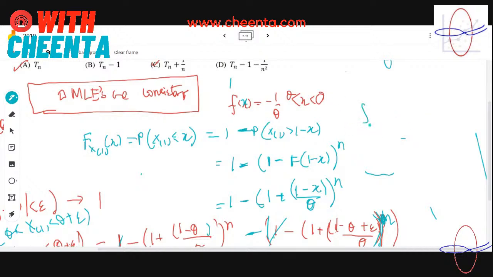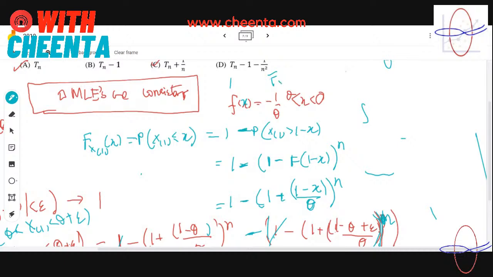See, integration, I think it will be theta. When it's theta, if you put theta, f(x) is not x by theta, because if you put theta it is -1. So f(x) should be 0. So it should be x minus theta, I guess. If you put x minus theta, if you put 0, yeah.